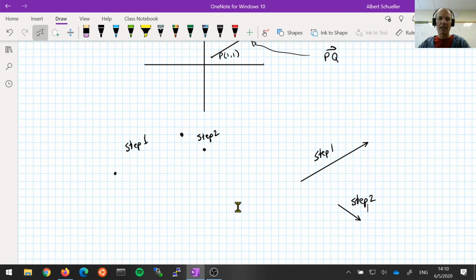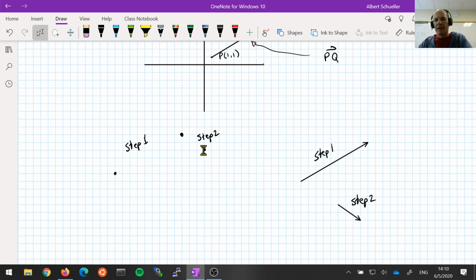So what does it mean to add these instructions together? Ideally, when I add these two instructions together, I end up here. I skip right over step 1 and end up in the net location.